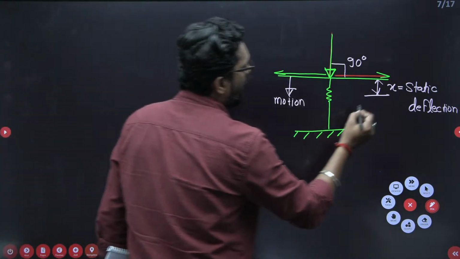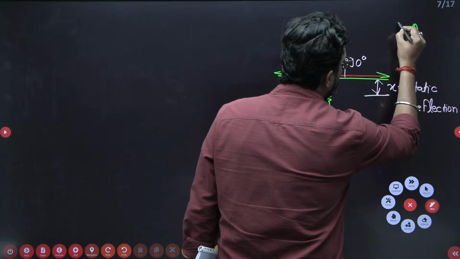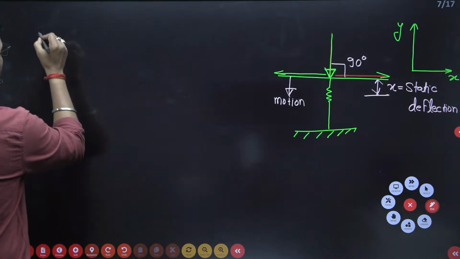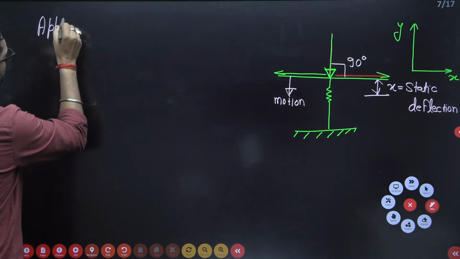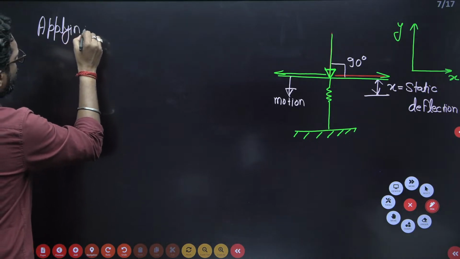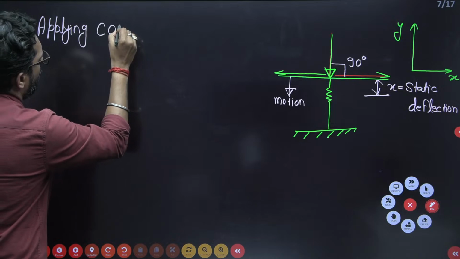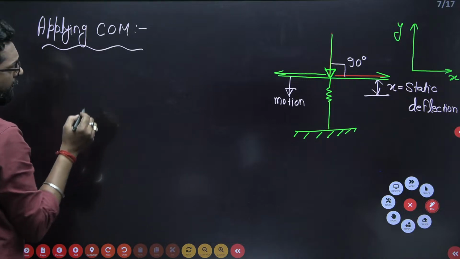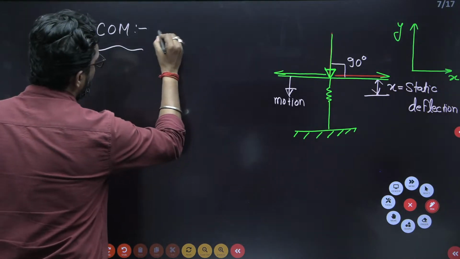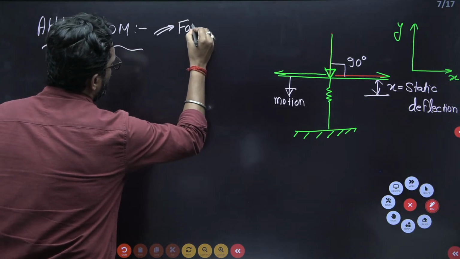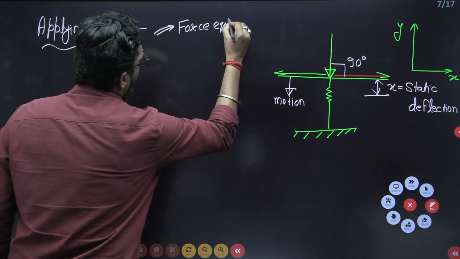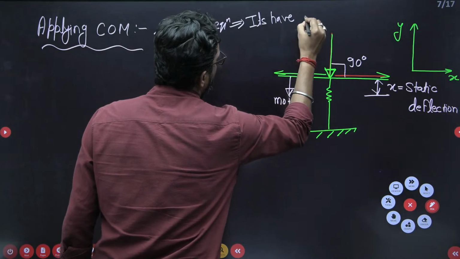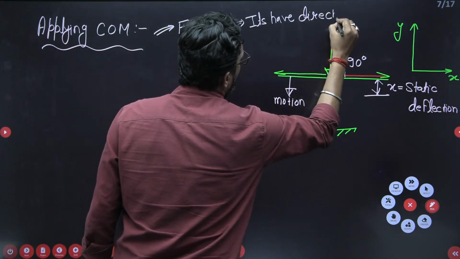We set a coordinate system: this is the y direction and this is the x direction. Applying conservation of linear momentum, which is a force equation, so it has a direction.